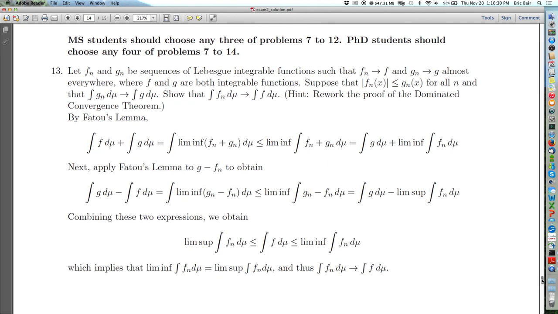Question 13, master students, you can fall asleep for a moment or just close your eyes if you want to avoid trauma from dealing with really weird math. If you did the homework and understood the homework on proving the dominated convergence theorem, this proof was virtually identical to the proof that I had you do in the homework.